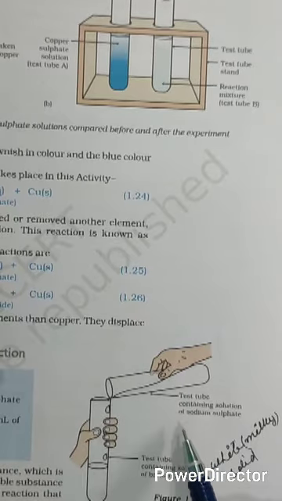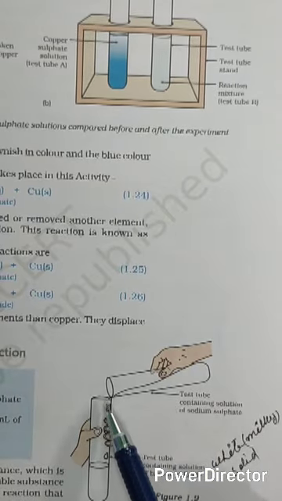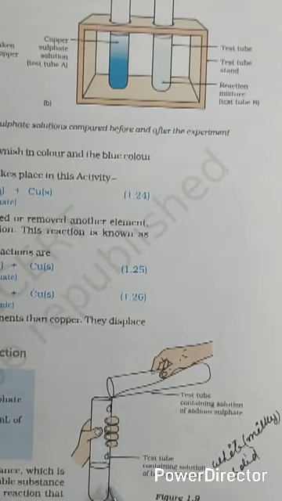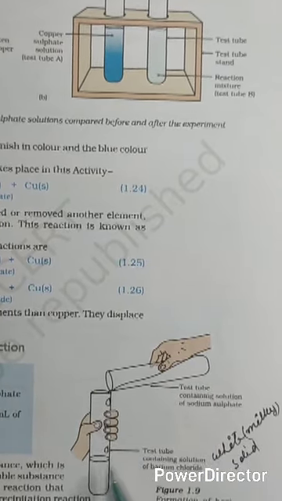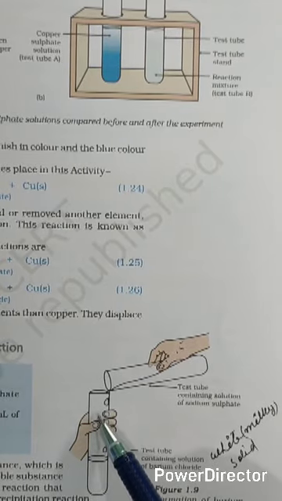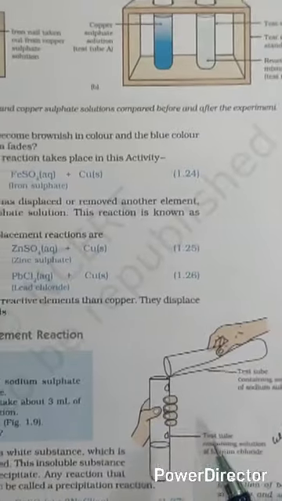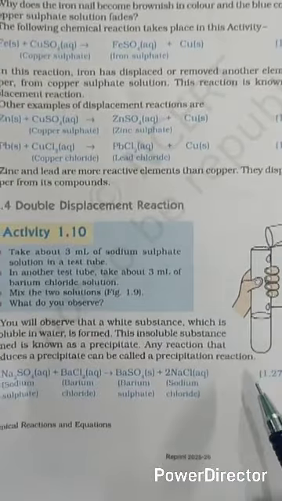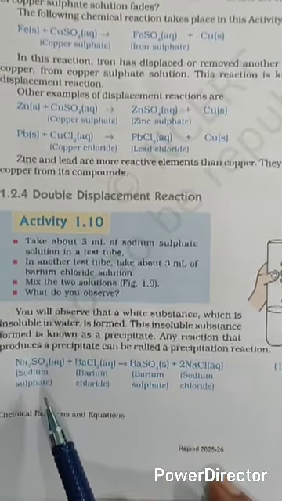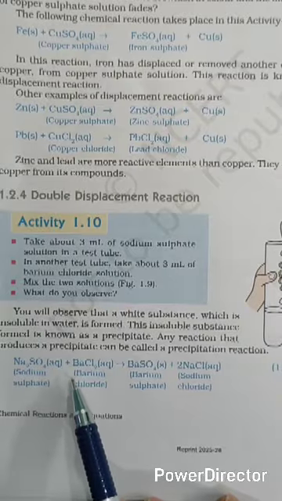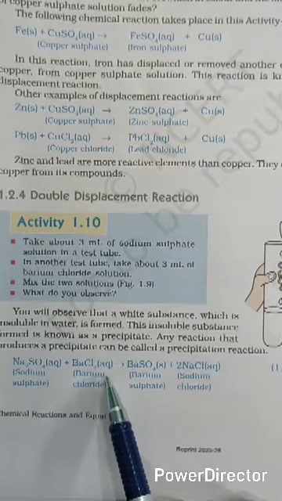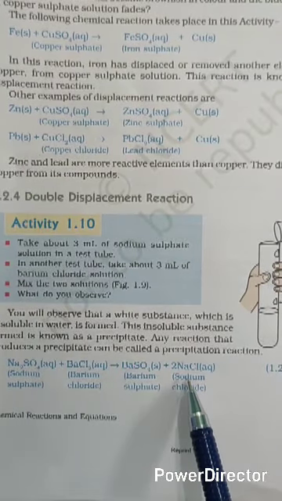Now pour this sodium sulfate solution into the barium chloride solution. That means we mix both. You can mix like this also. So chemical reactions happen. The chemical reaction given here: sodium sulfate, barium chloride, barium sulfate, sodium chloride.